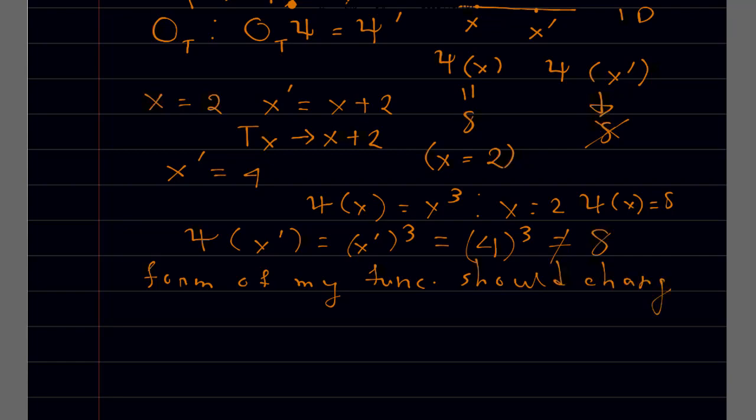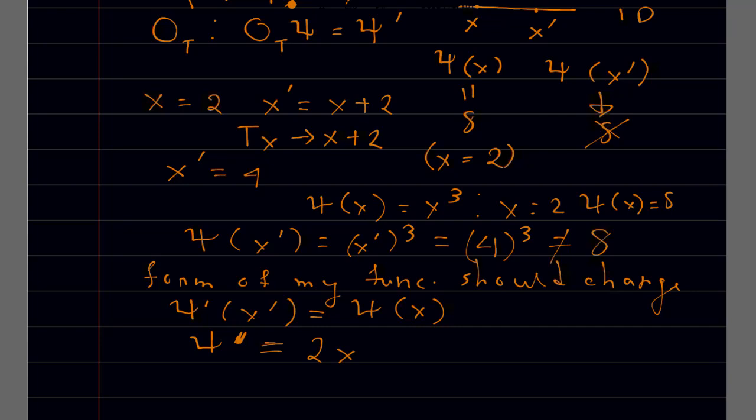So let the new function be psi prime, and psi prime takes a value at x prime such that its value is equal to what psi had at x. Let me give an example. So here psi prime can be maybe 2x, I think. I hope it will work.